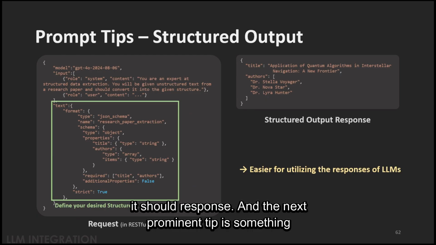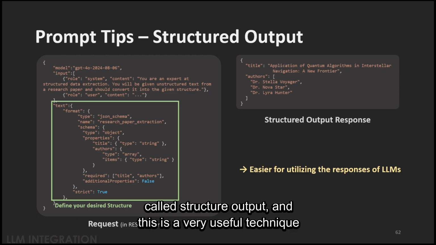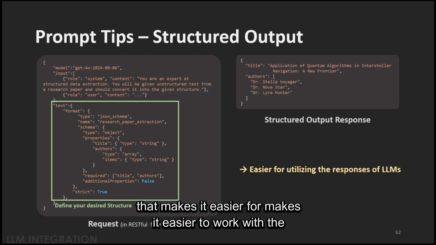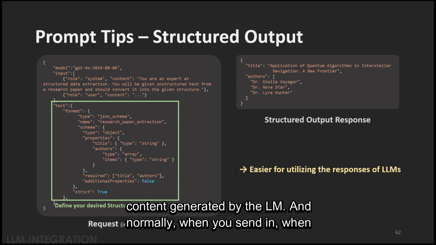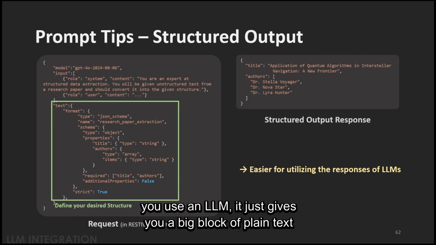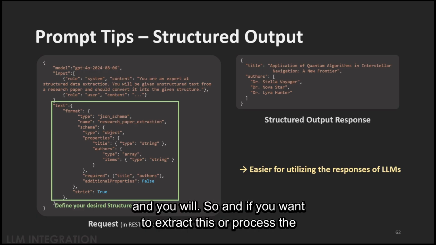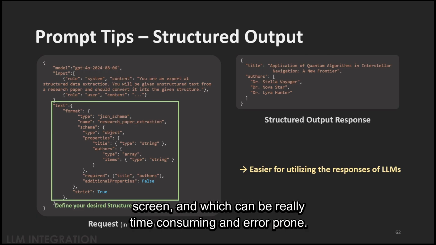And the next prompting tip is something called structured output. This is a very useful technique that makes it easier to work with the content generated by the LLM. Normally, when you use an LLM, it just gives you a big block of plain text, and if you want to extract or process the string, that can be really time-consuming and error-prone.